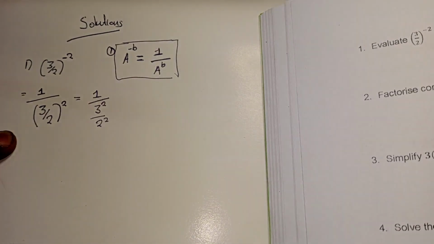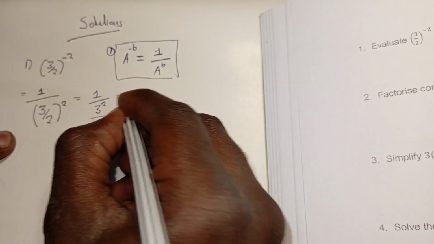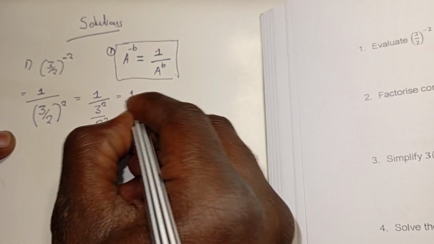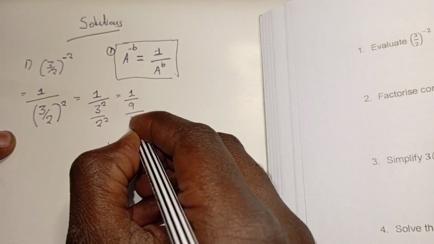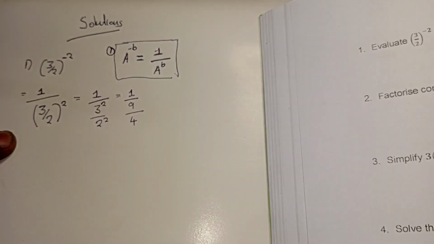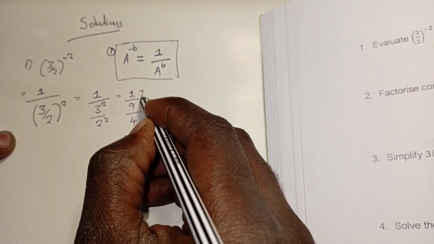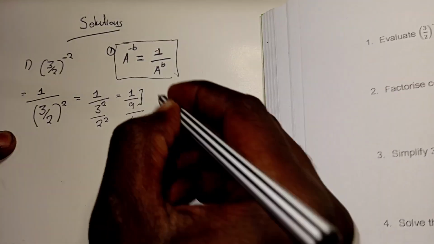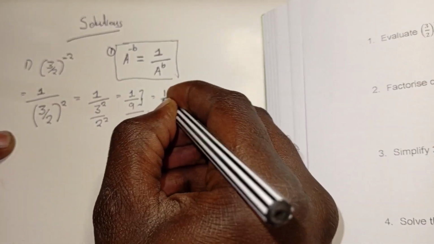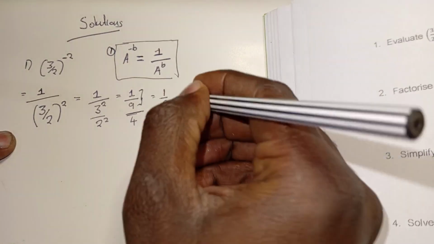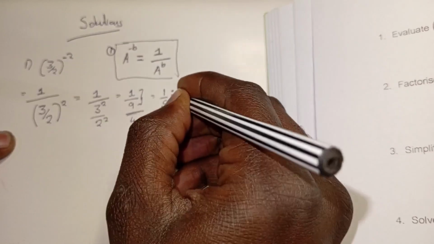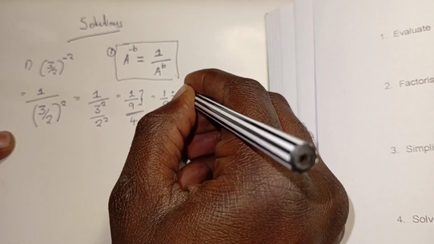Then you write it as 1 over 3 squared, that is 9, over 2 squared, that is 4. You write the first part alone, 1 over 9, then the division sign, and then the 4.